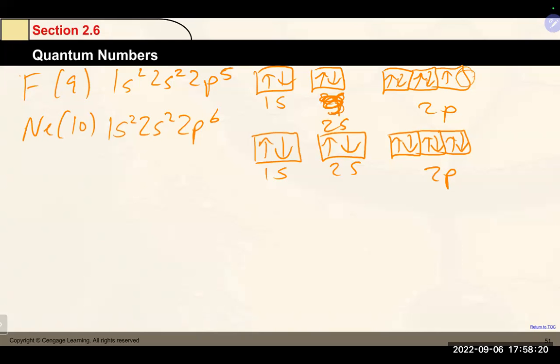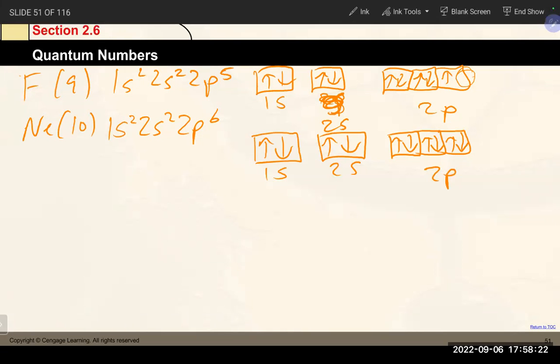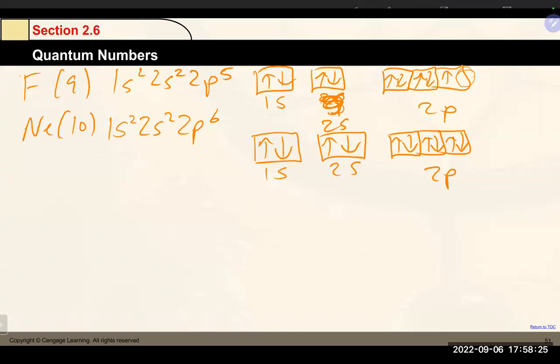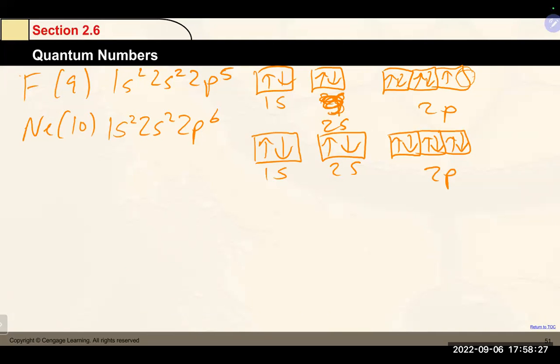Now you can follow this electron configuration for pretty much everybody that you need, and it's something you can recreate pretty easily for yourself. Again, like I did, you basically just start with 1s and go down to 7.